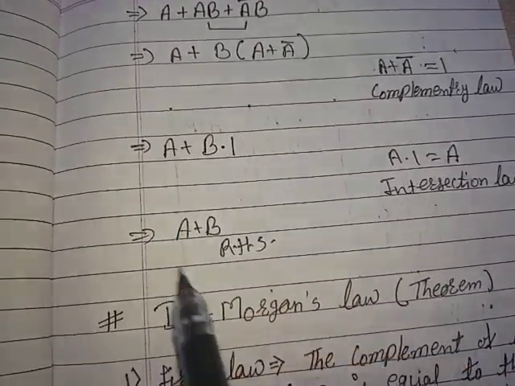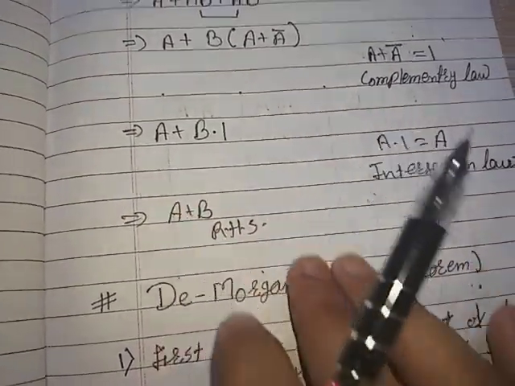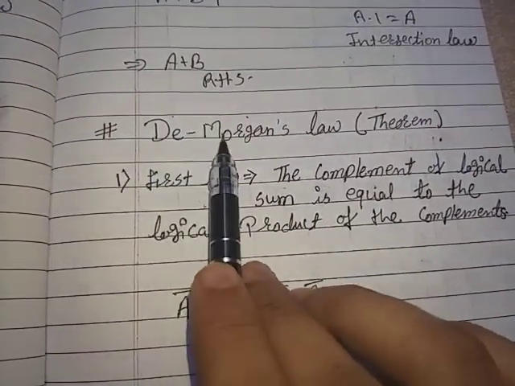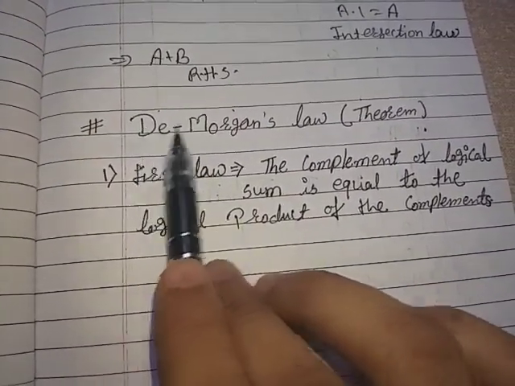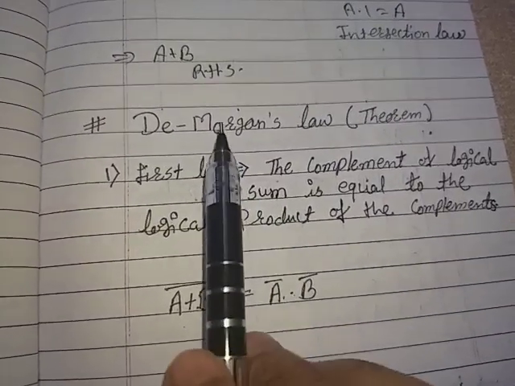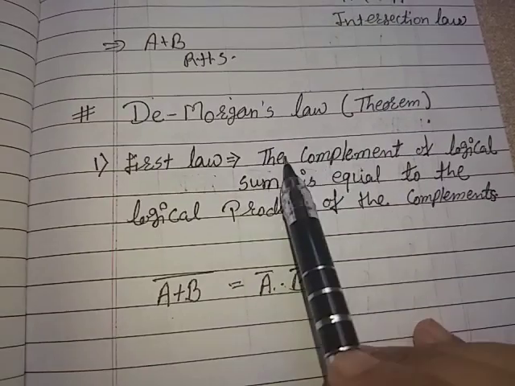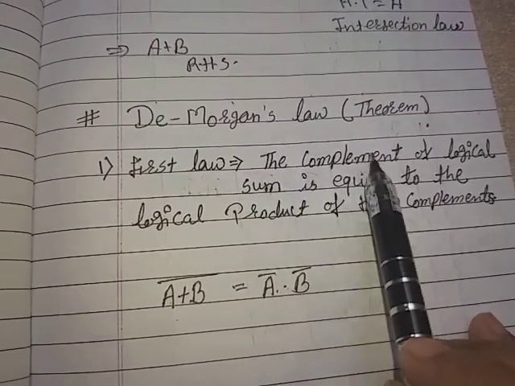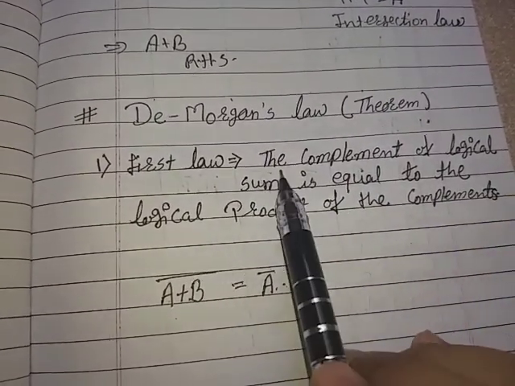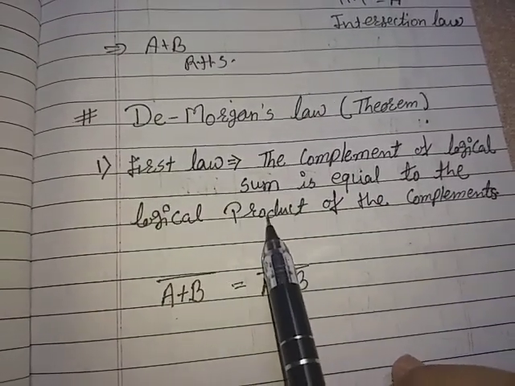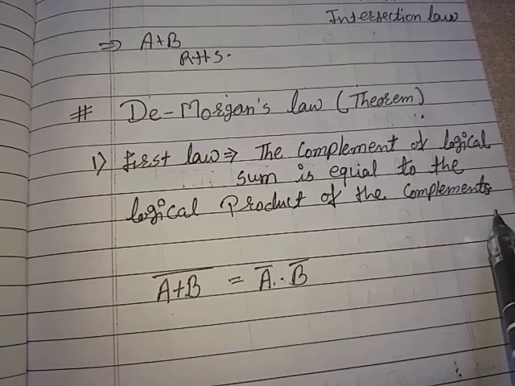That is our RHS. Now let's move to the last topic of the lecture, that is De Morgan's law, or sometimes it is called De Morgan's theorem. There are two De Morgan's laws. The first law states that the complement of logical sum is equal to the logical product of the complements.